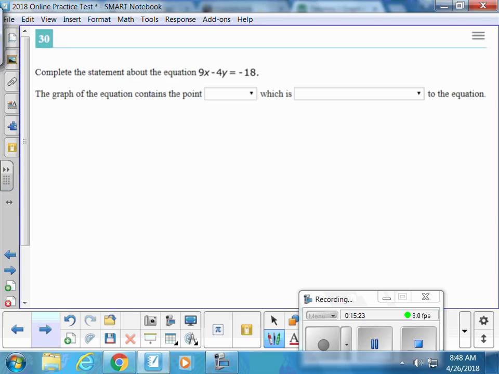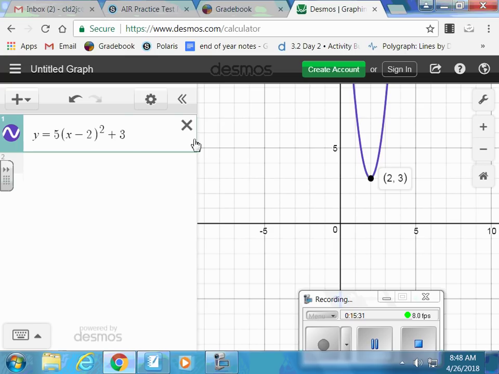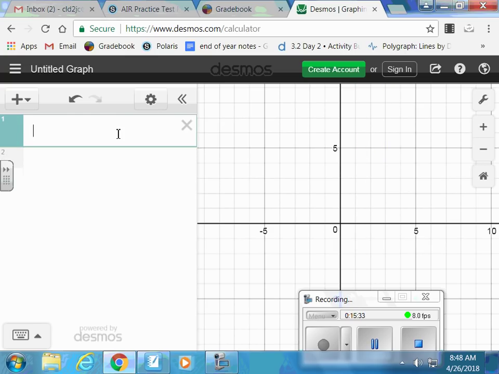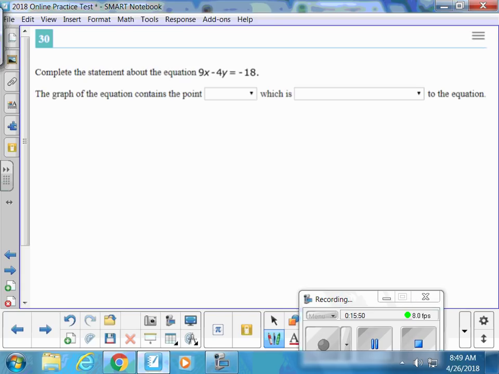All right, let's go ahead and try to graph this and see what we can see. 9x minus 4y equals -18. Now this was a drop down, and I'm not in the actual practice test right now. I'm in Smart Notebook, so I can't see what all the choices were in the drop down.